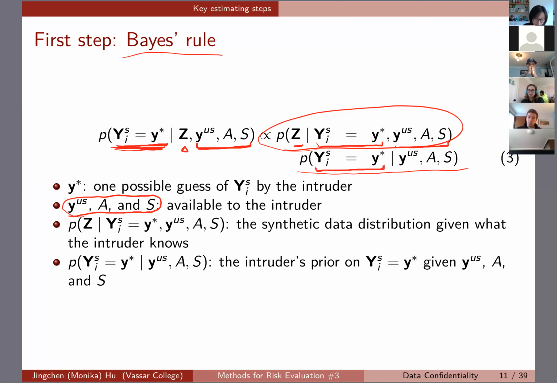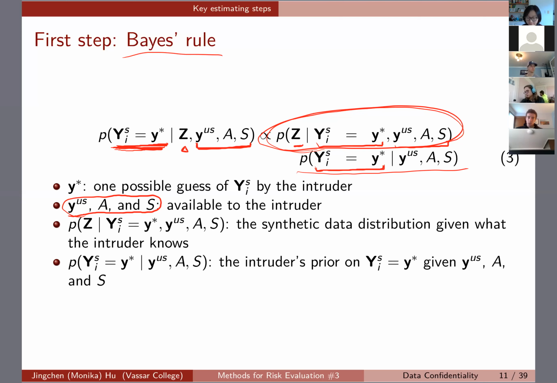The part that I just circled here, the third bullet point, is the synthetic data distribution given what the intruder knows. Z is the synthetic data set, given a particular guess of this YIS, which is Y star, and what is unsynthesized, and then the auxiliary information and any other information known by the intruder about the synthetic process.